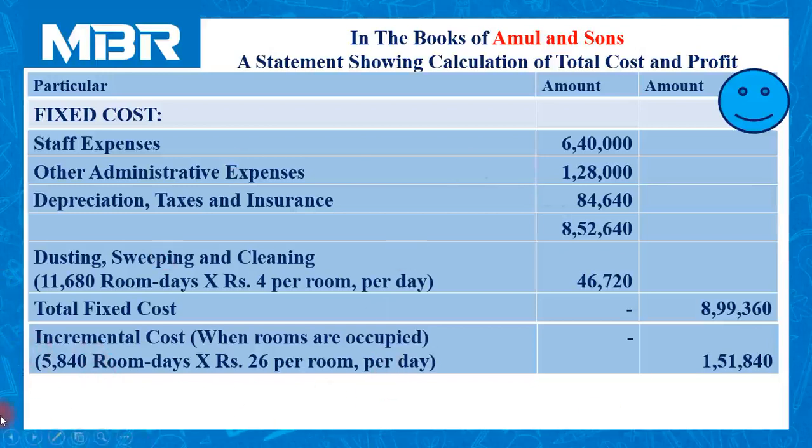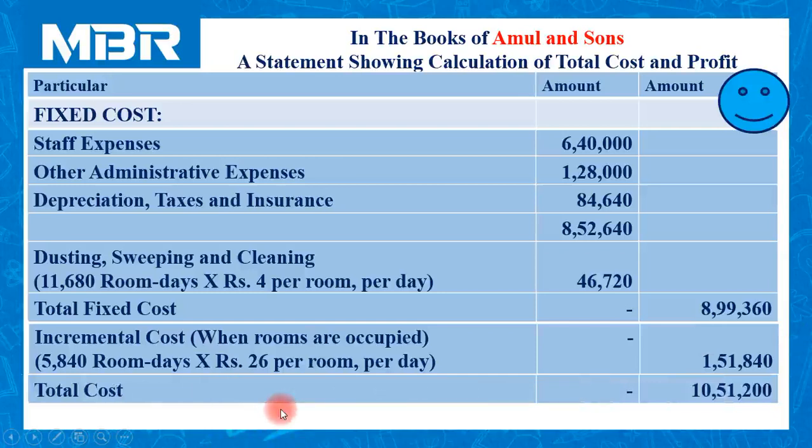As per the requirement of the question, we have to calculate break-even point at 50% capacity. And at 50% capacity, we have to calculate cost and revenue. So the cost at a break-even point, that is a 50% capacity, is rupees 1,51,840.